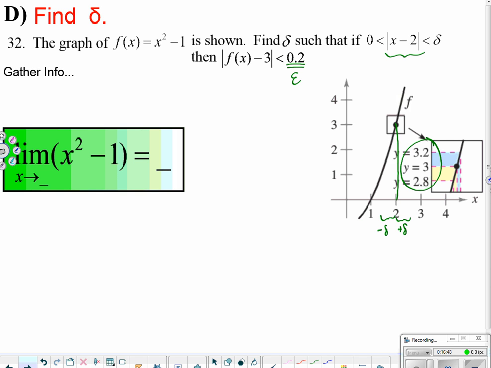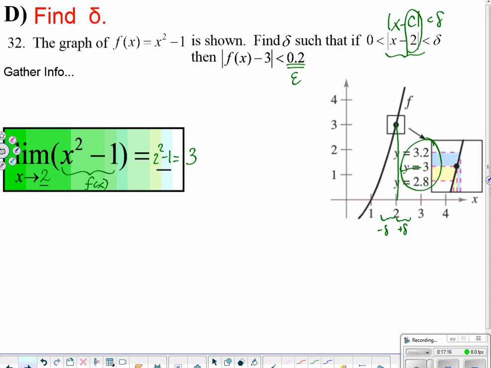So the limit as x approaches 2, and I get that off of this, because remember this format will be the absolute value of x minus c is less than delta, and my c value then is 2. Here's my function, f of x is x squared minus 1, which will equal some limit. Let's try substitution, and we'd have 2 squared minus 1, which gives us 4 minus 1, 3.